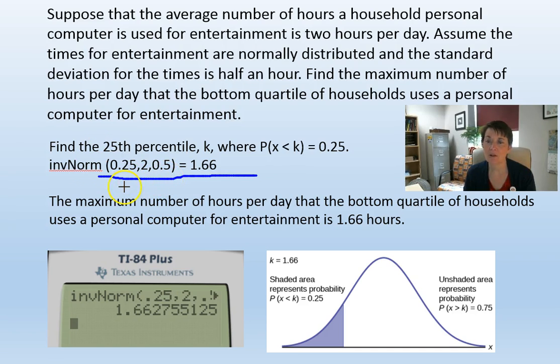The only thing I'm missing is that other bound, right, when I'm trying to find the inverse norm. And the maximum number of hours each day for the bottom quartile of households is 1.6. That is my critical value. If they spend more than that, they are not in that bottom percentile, is what this is telling me.